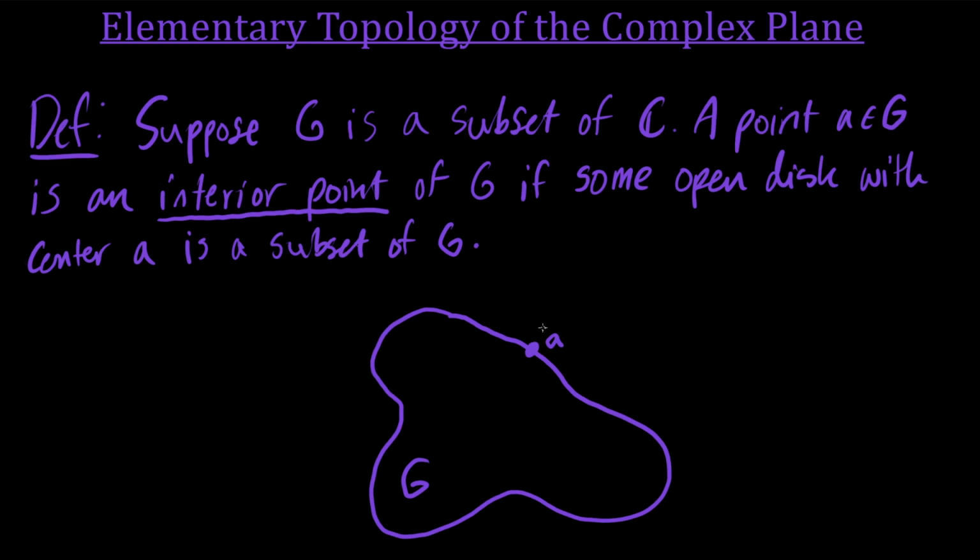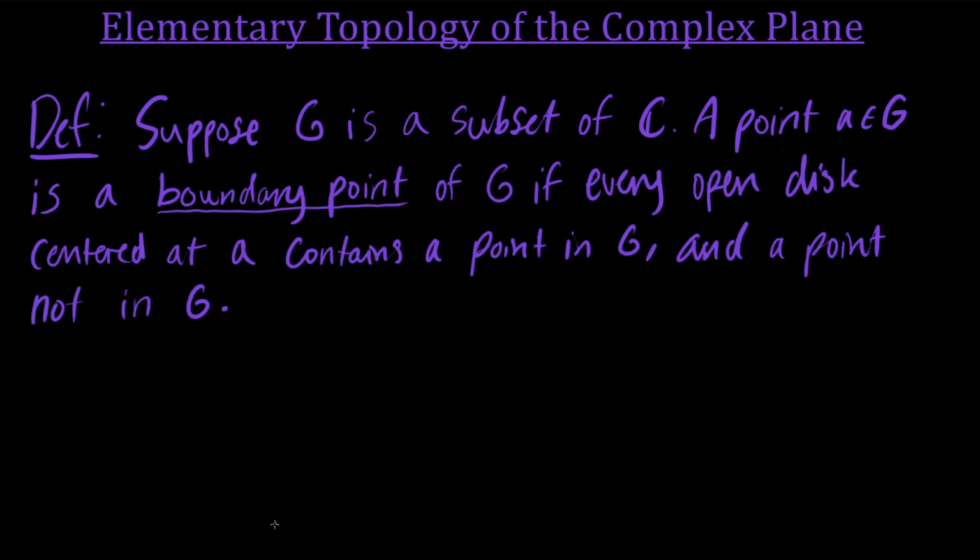Well, no we cannot, right? Because any open disk we draw is going to have this region of the disk that is not contained within G. And so since we can't draw any open disk centered at A such that it's a subset of G, A is not an interior point of G. And it's actually the case that any point along the boundary of G will not be an interior point of G. Okay, let's move on to our next type of point.